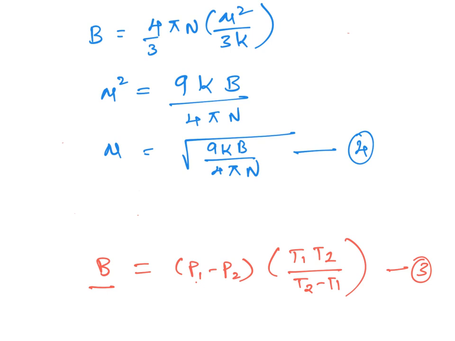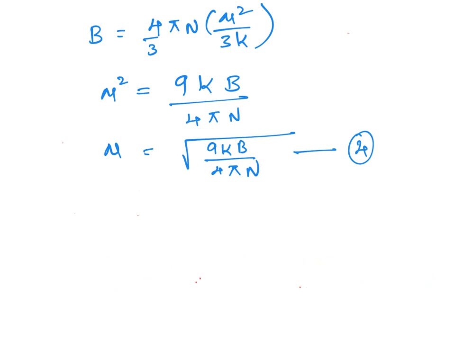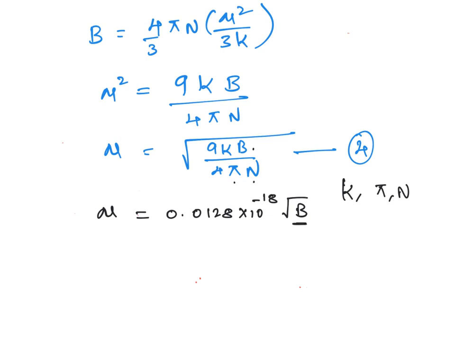For simplicity, if I put all these standard terms in the equation, because k is the Boltzmann constant, pi is a constant, Avogadro number is a constant, and B we are calculating from the experiment, then the equation becomes mu equals 0.0128 into 10 power minus 18 under root B, which we are taking from the temperature variation method.